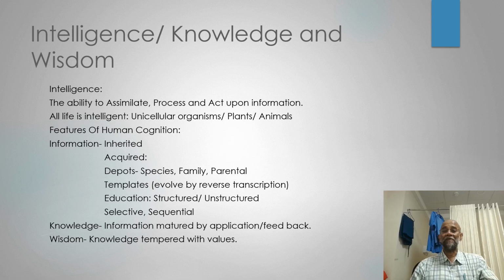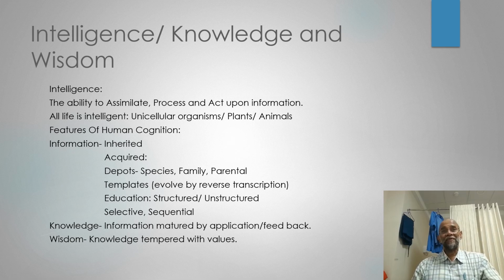So templates evolve over a period of reverse transcription. Musicians, generations of musicians, after some time, the children have more capability to learn music. Now, this education of the template can be either structured or unstructured. Unstructured is from the environment, and structured is by the formal education process.